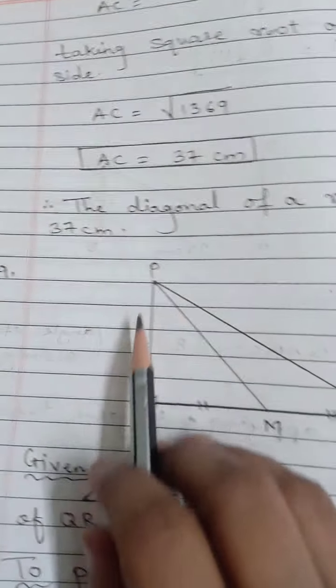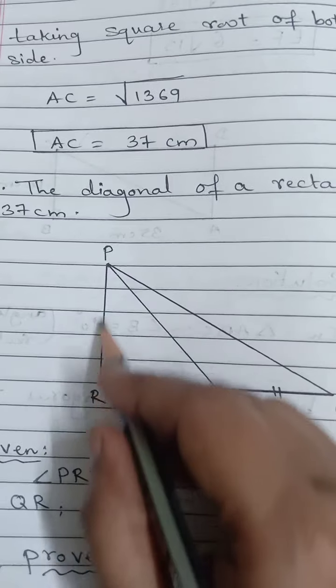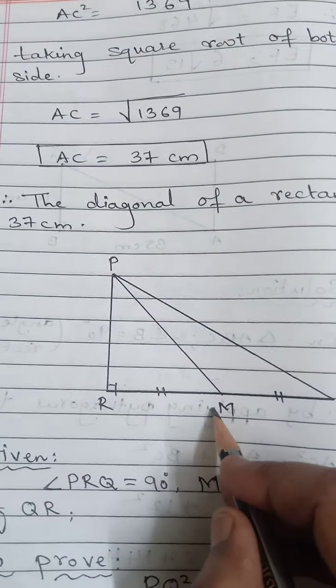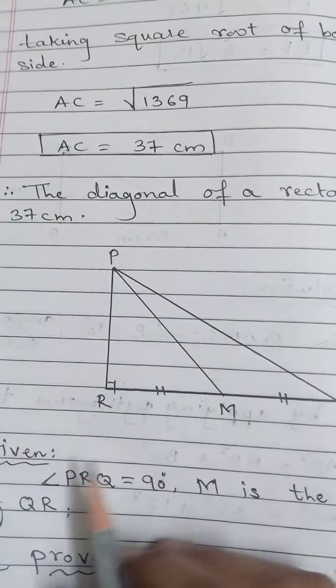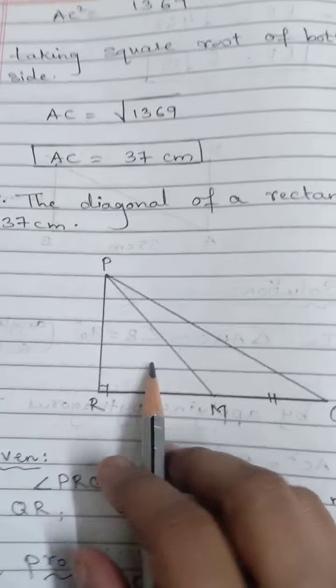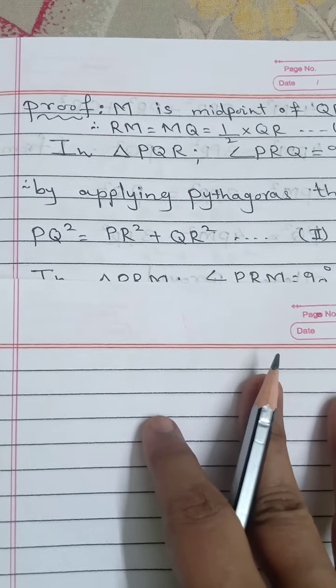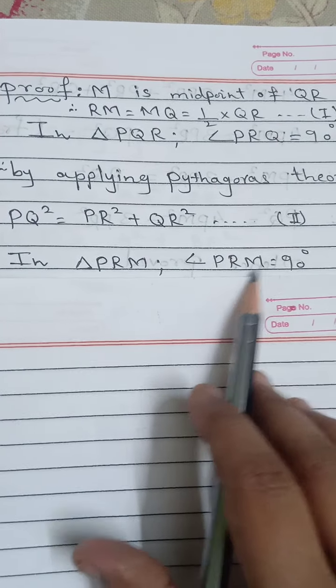Now, other than this big triangle PRQ, if you observe this smaller triangle PRM, this triangle is also a right angle triangle, because here one of the angles, R, is 90 degrees. So we can apply the Pythagoras theorem in the smaller triangle also. So in triangle PRM, angle PRM is 90 degrees.